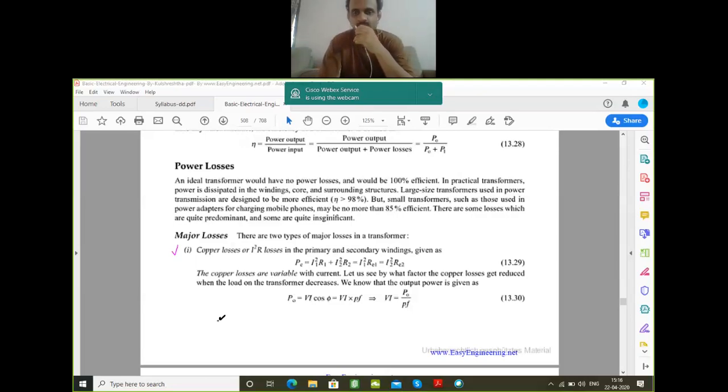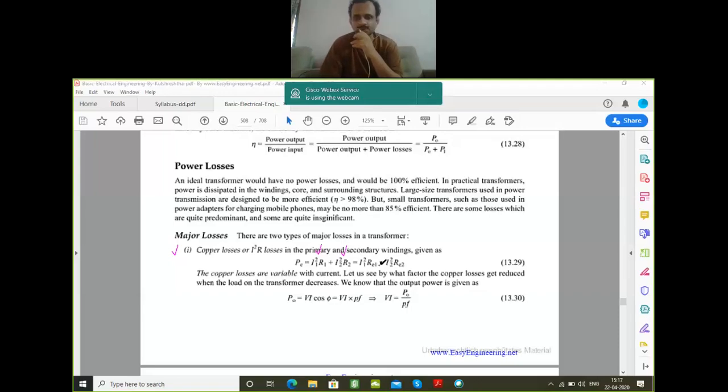You know what I square R is. R is the resistance of the transformer at the primary, and I is the current flowing in the primary. If R1 is the resistance of the primary and R2 is the resistance of the secondary, you have I1 square R1 plus I2 square R2.